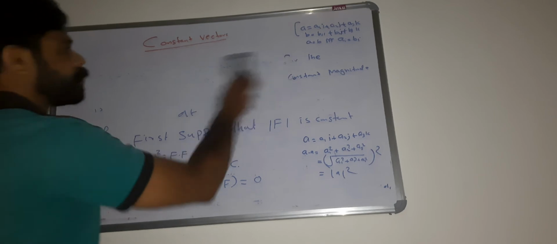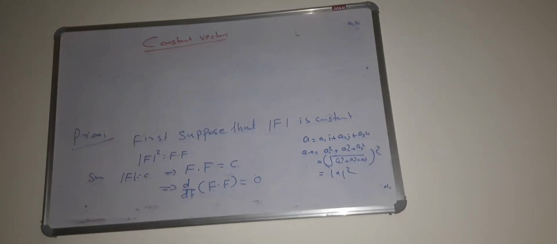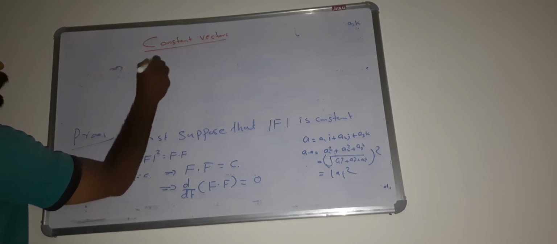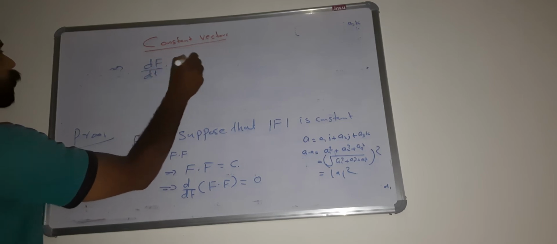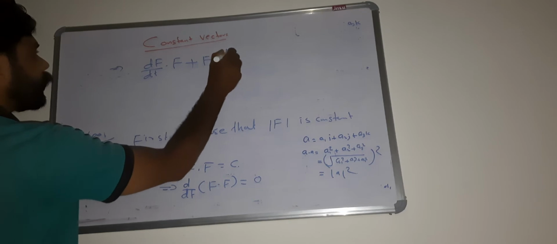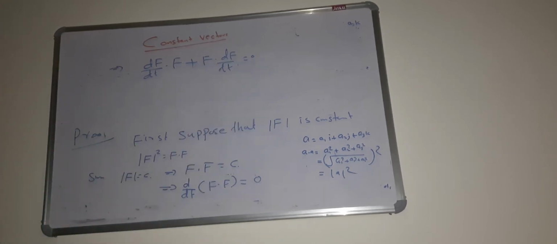That implies df by dt dot f plus f dot df by dt equal to 0. Why?